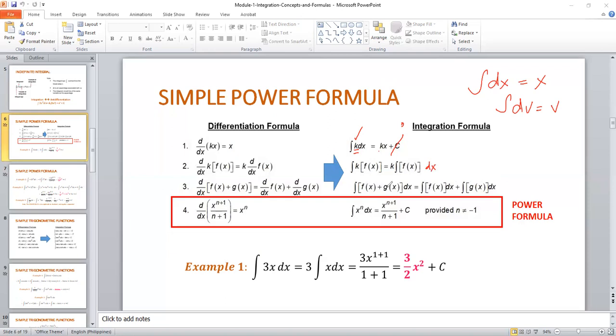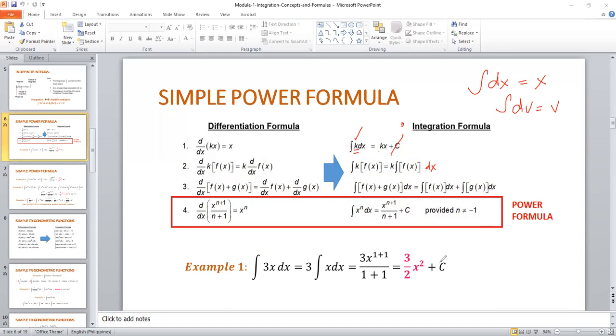If you have several functions, or let's say you're getting the integral of a polynomial, what you do, you process the integral of your given expression term by term or piece by piece. So you get the integral of the function of x and you add to that the integral of the g of x.